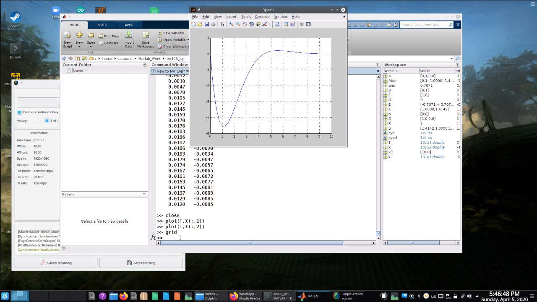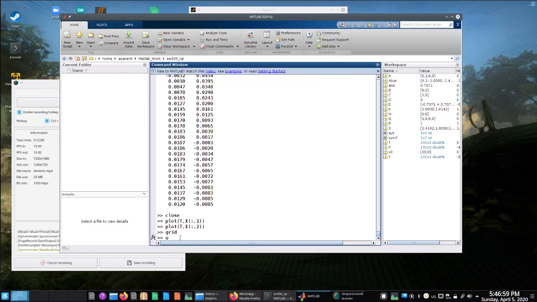We can also try to see what the input does. Remember what our input is. The input is actually minus k times the state. But remember that our k, the feedback vector, is a two-element vector. But here x is not our state vector, but a time evolution of our state vector.